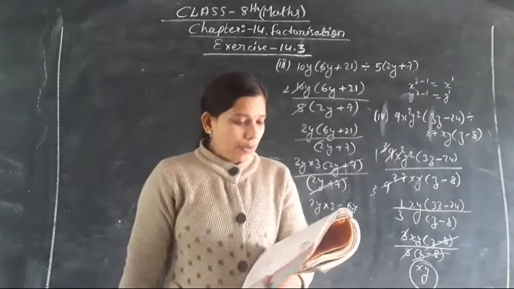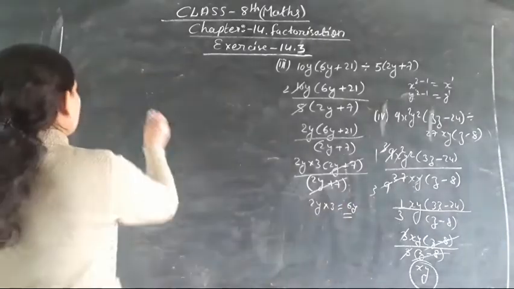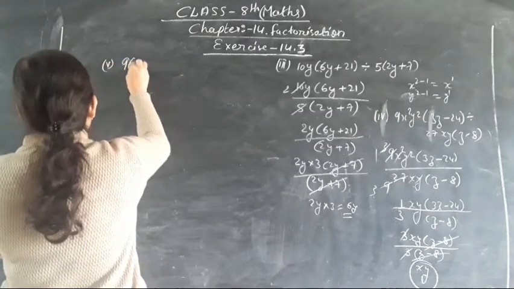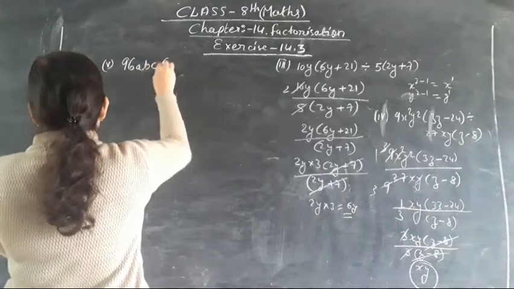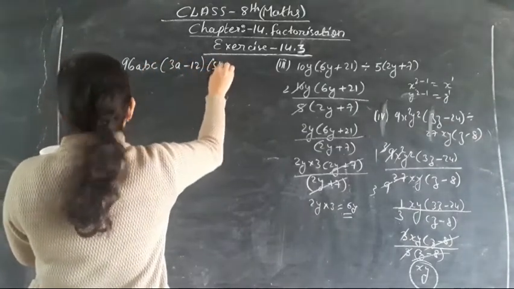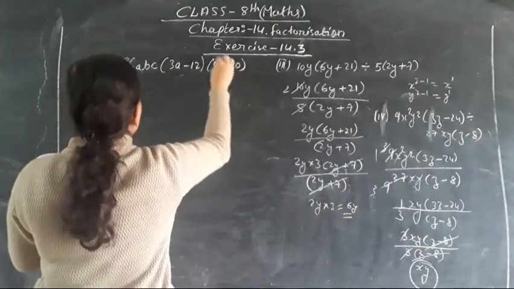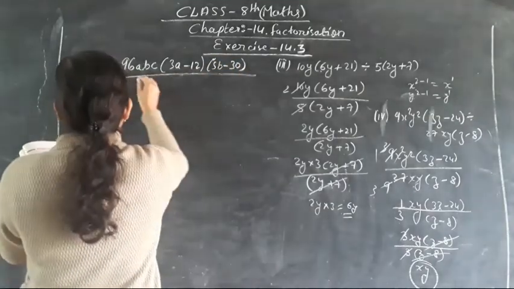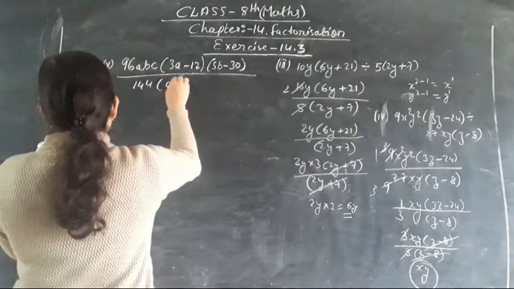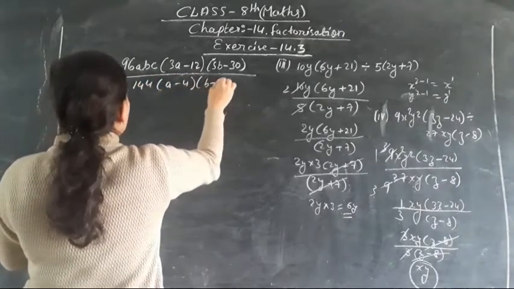Now the last part of the question, as we are having long division in this: 96abc into 3a minus 12 into 5b minus 30. Okay, directly I am writing it in the form of numerator upon denominator: 144 into a minus 4 into b minus 6.